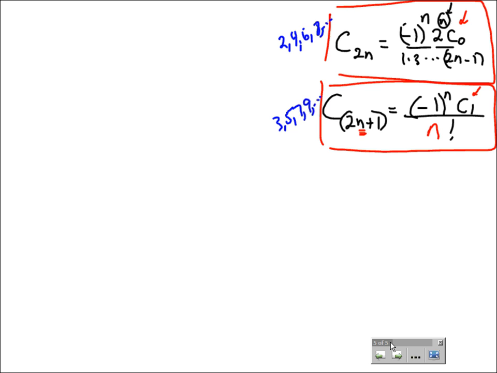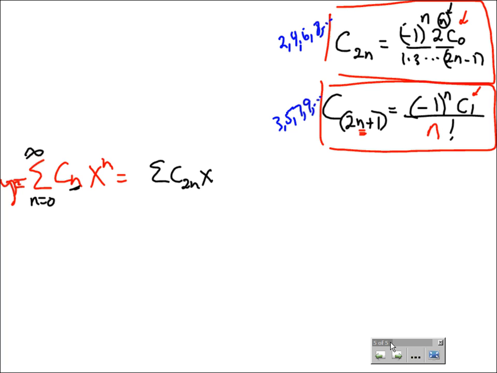And how about we break up? Remember we said y was equal to the summation of Cn times x to the n. How about we do the following? We break this up, and this was when n went from 0 to infinity. How about we do the evens?